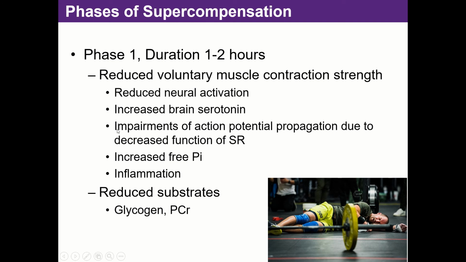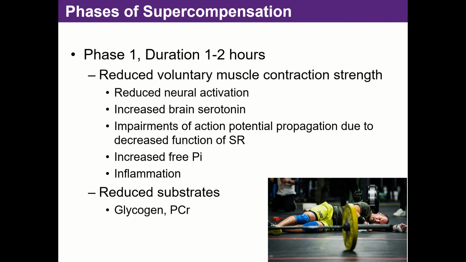Increased Pi. So remember that the energy molecule in a muscle cell is adenosine triphosphate, or ATP for short, and that what ends up happening is that we break that molecule. We use an enzyme called ATPase, and we split the last phosphate off of ATP, and so then we're left with adenosine diphosphate, or ADP, and then a free phosphate, and that's indicated by a little Pi.